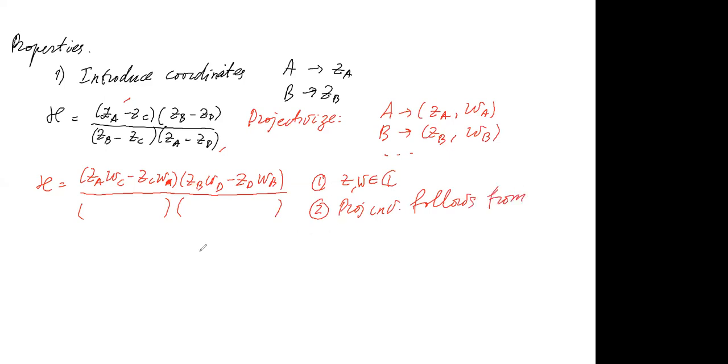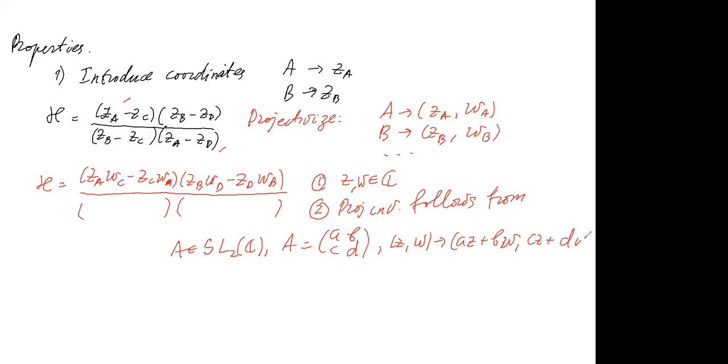You take any matrix A in SL2C such that A is equal, say, to A, B, C, D, and then you send ZW into AZ plus BW, CZ plus DW.